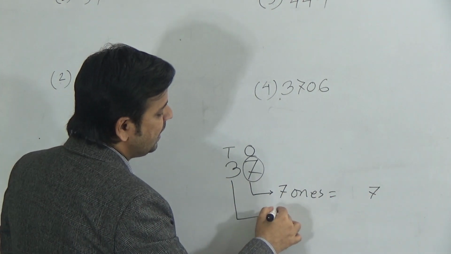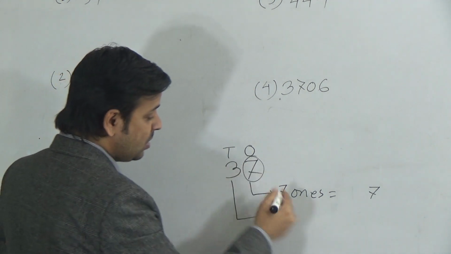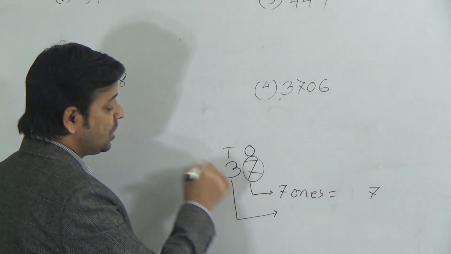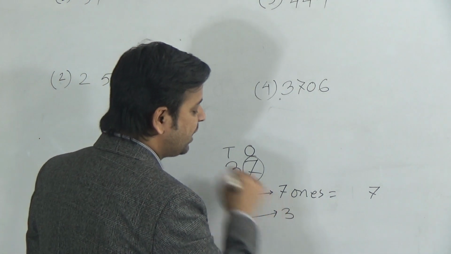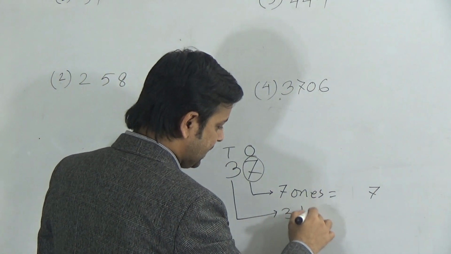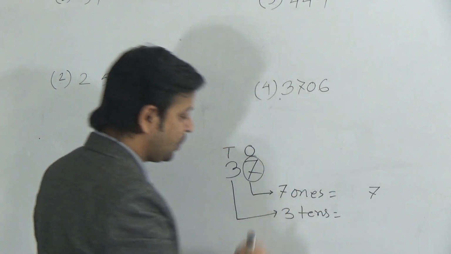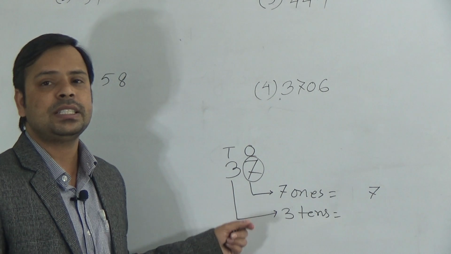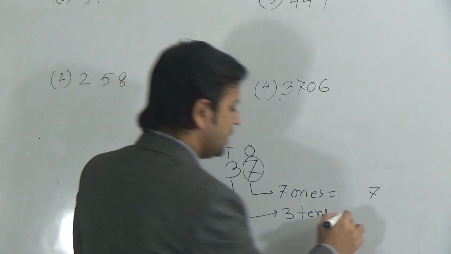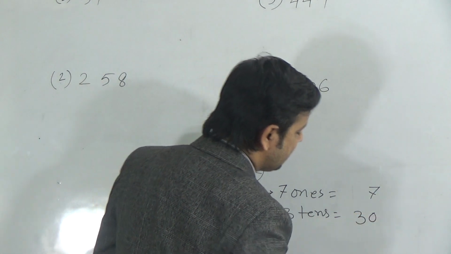And 3 in the tens position. So value of the 3 in this position will be 3 tens. As 3 is in tens position, so value of this 3 will be 3 tens are 30. So this will be 30.